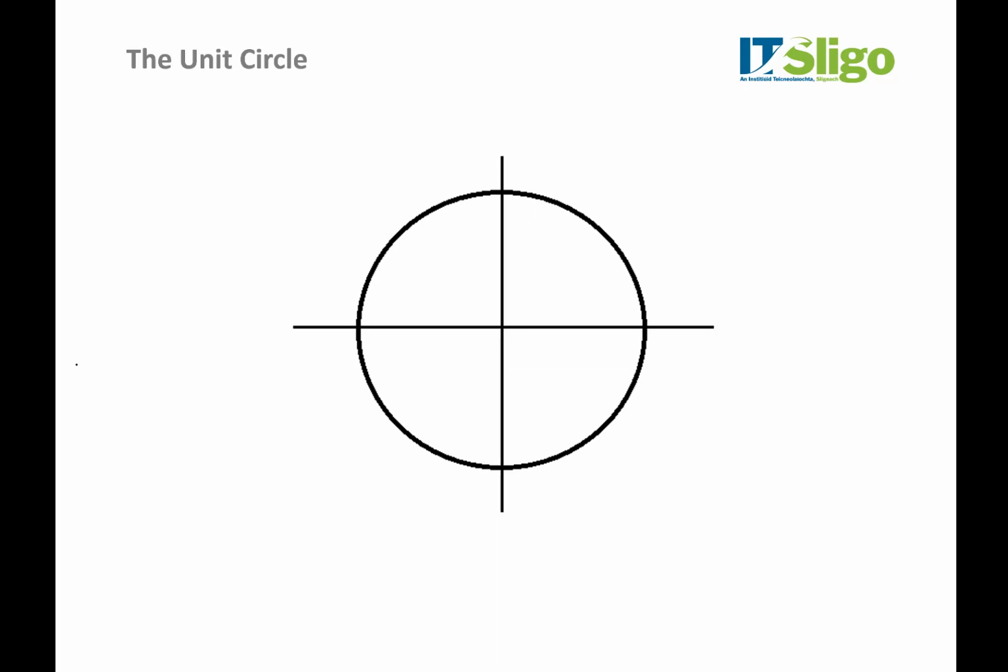So we're going to describe this now mathematically, and to do this we use what's called a unit circle. A unit circle has a radius of 1, and hopefully it's obvious that as it passes around the circle at 0 degrees, we'll be at 1, 0. X is equal to 1 and y is equal to 0. At 90 degrees, we're at 0, 1.